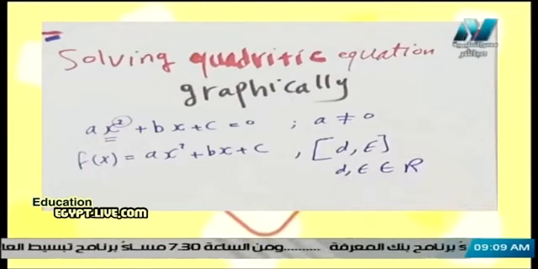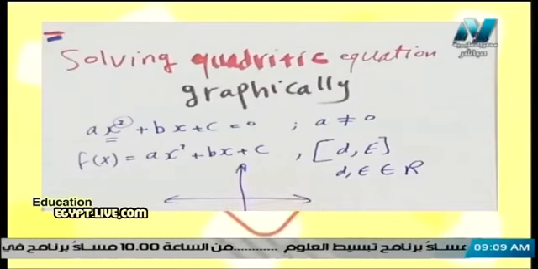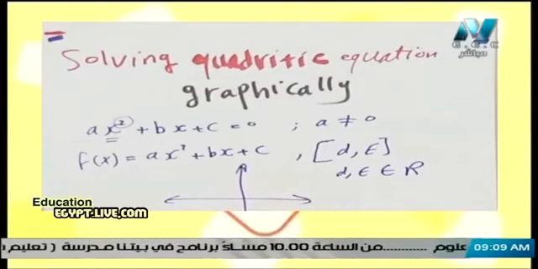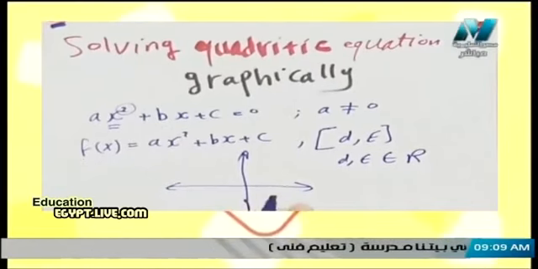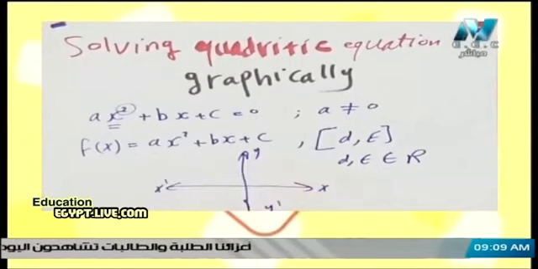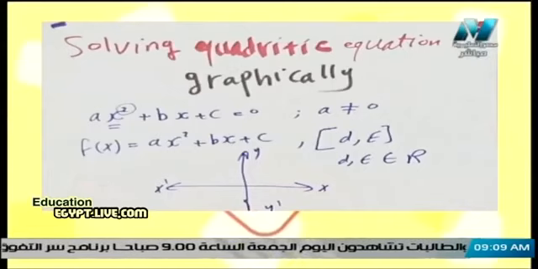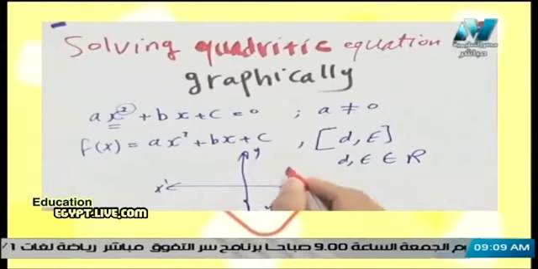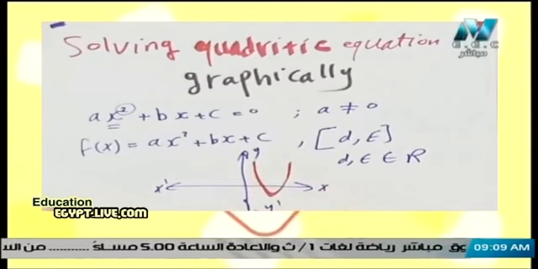Okay, after that we will draw the x-axis and y-axis like that, x dash, y and y dash, and the graph will take something like that when we graph it.